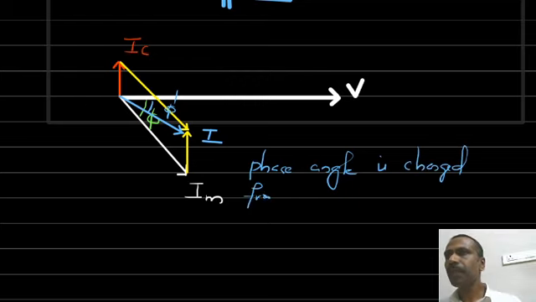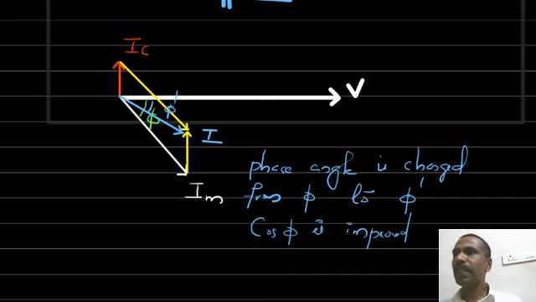So the phase angle is reduced, or your cos phi is improved. The power factor is increased, the power factor is improved. So initially we had Im. Now when the capacitor is connected, the total current is I, which lags behind the supply voltage by an angle phi dash. Now phi dash is less than phi, so cos phi is improved.